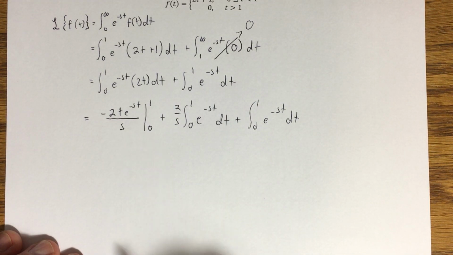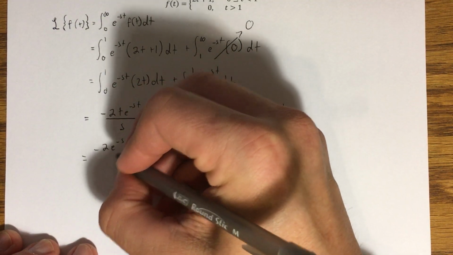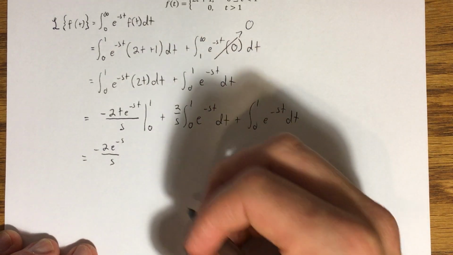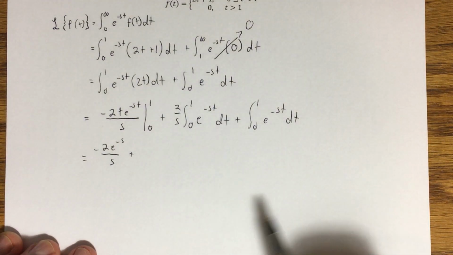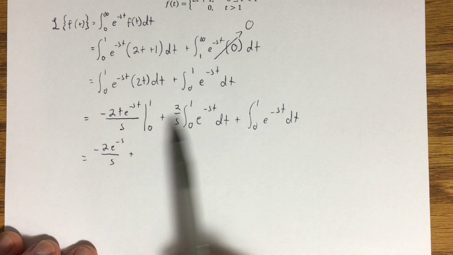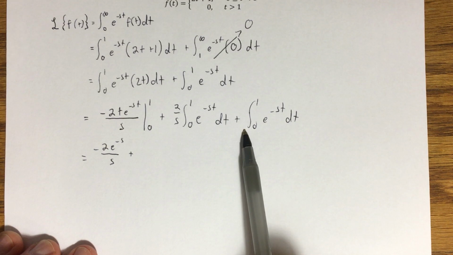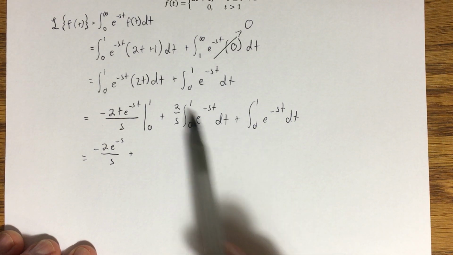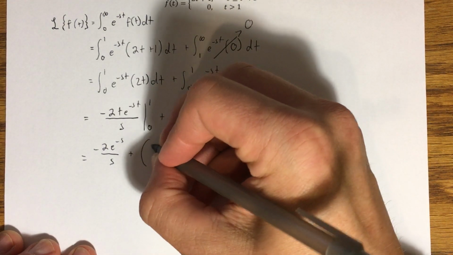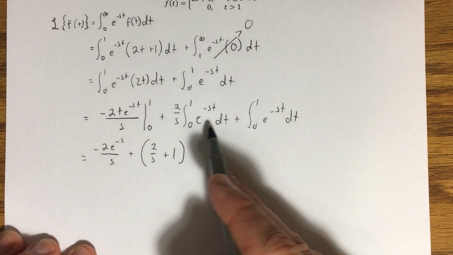Evaluating this from 0 to 1, I will get negative 2 e to the negative s over s plus, now if you notice here, these two integrals are the same. They have different coefficients in front of them, 2 over s here, and I can think of that as a 1 here. But I can factor the integral out so that it looks like this, 2 over s plus 1, and then evaluate that integral.